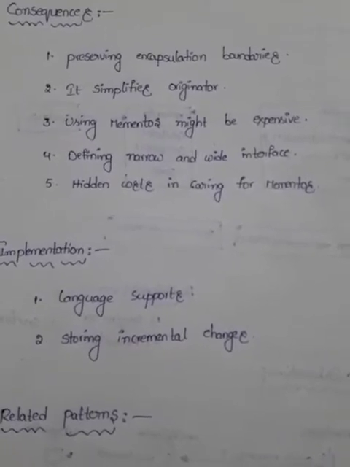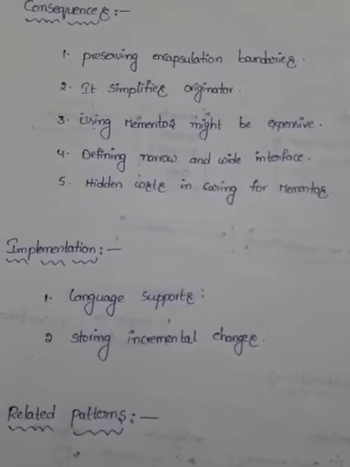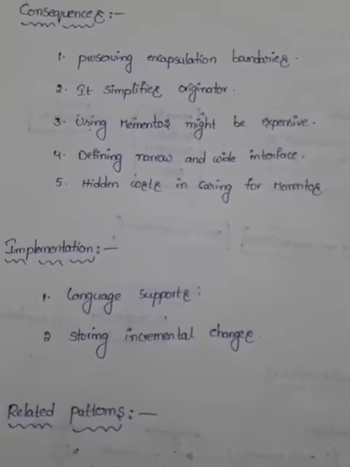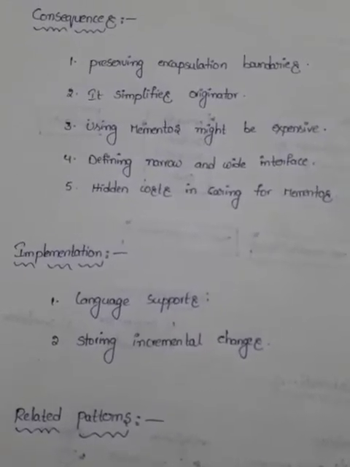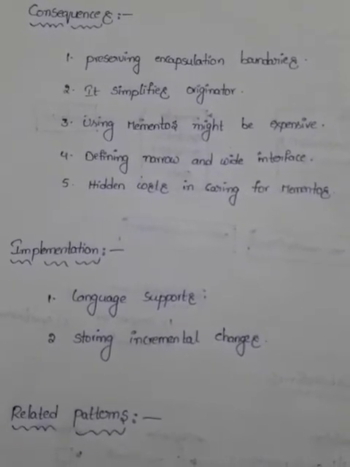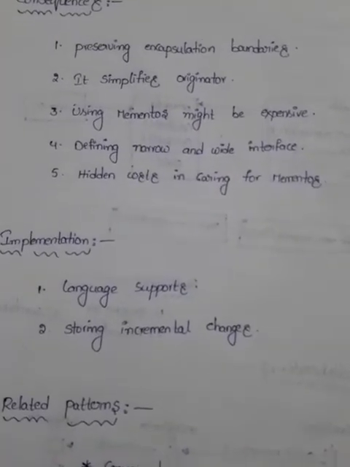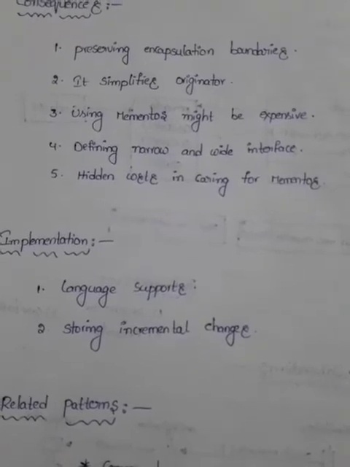An example for this is undo commands in an undo history, or a history list in a command history. We have seen the command history in our previous concepts, in which we can perform undo and redo operations based on the command history list. So these are the 2 implementation issues raised while implementing this memento pattern, language support and storing incremental changes.